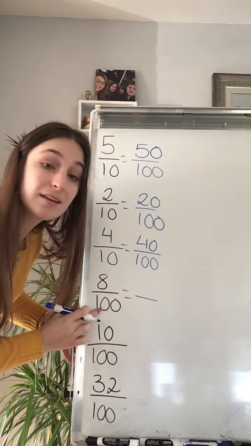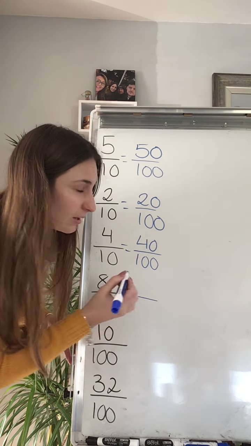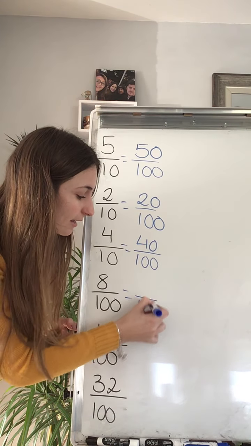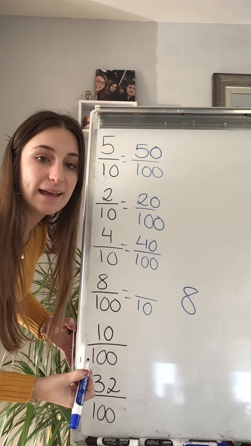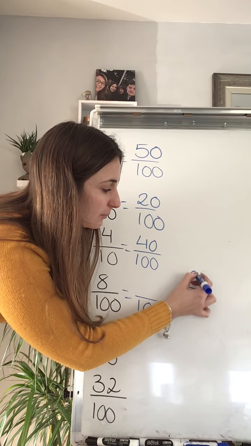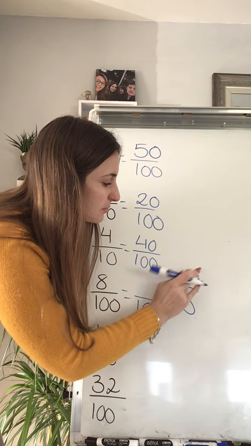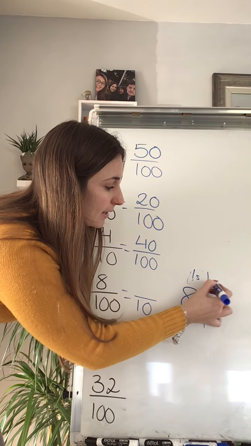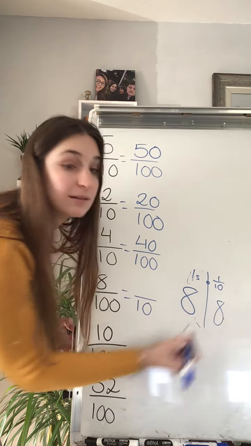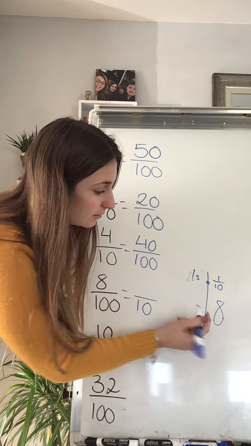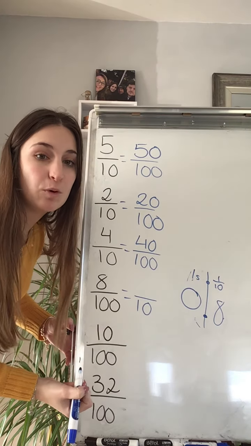I know that if I divide 100 by 10, I get 10, and if I divide 8 by 10, I'm making it 10 times smaller, so that means I'm having 0.8.